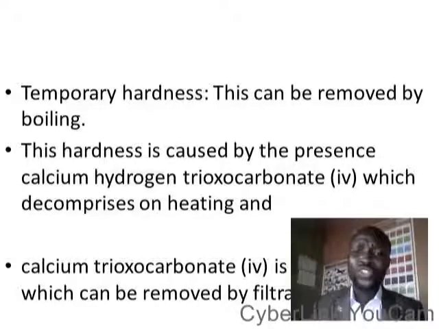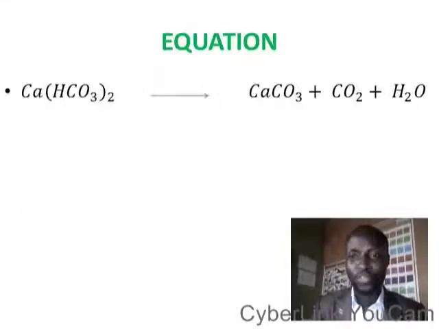And what salt can be in water that will make it temporarily hard? One of the salts is calcium hydrogen carbonate or magnesium hydrogen carbonate. Now, after decomposing it, one could filter out the calcium carbonate.